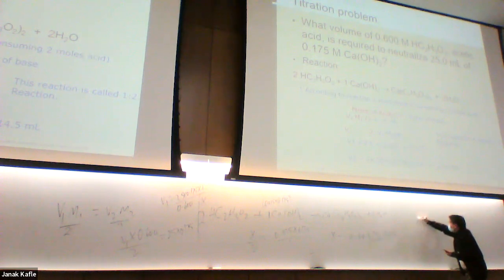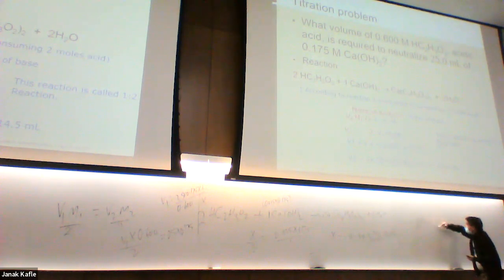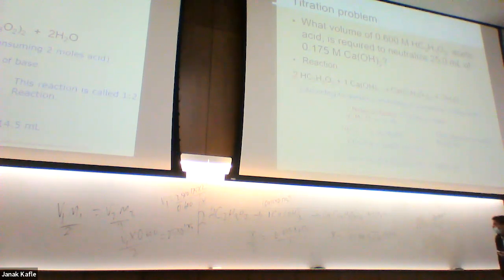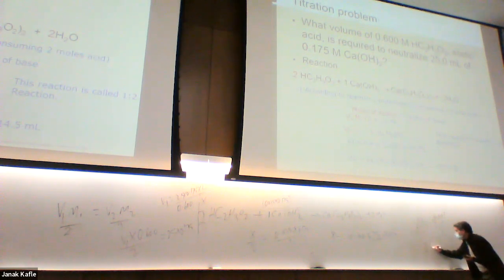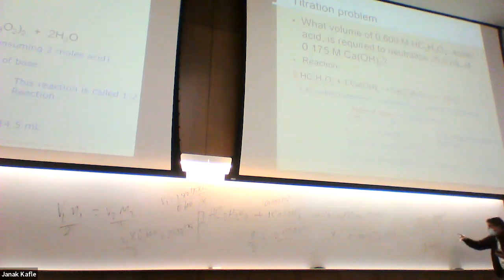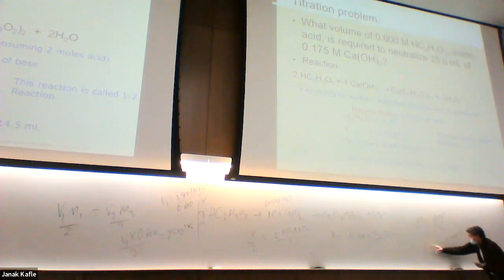So now molarity is equal to number of moles divided by the volume, right? So I need to find that volume. So molarity is 0.600, and number of moles I just found, 0.00875, and then volume. I put that volume this way. So volume goes here and this comes there. So that is 0.00875 divided by 0.600.